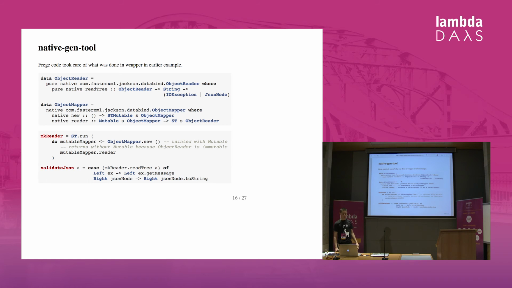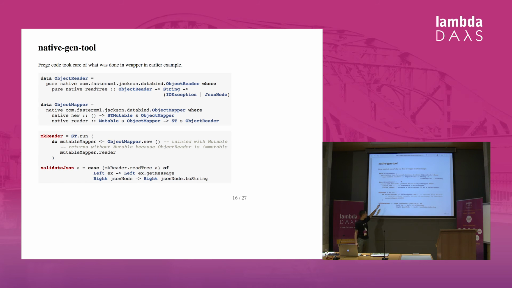And when I would like to use this code, to use the parser, which has this readTree function, it's a function from JSON. I just need to prepare an instance of ObjectReader, that's the makeReader function.